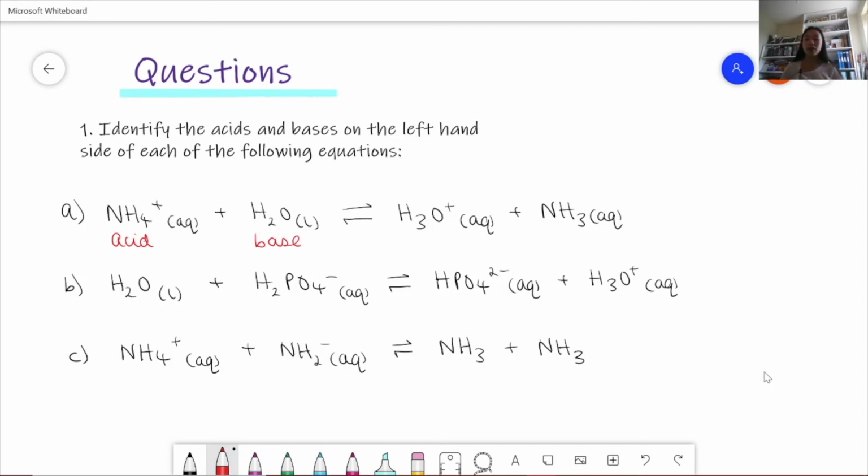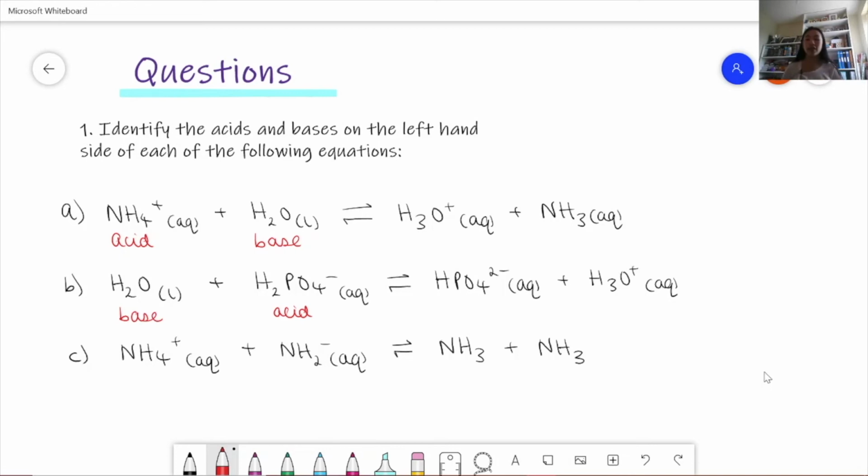And then for B, we have water and this H2PO4 minus ion. And we see that H2PO4 minus is losing a H plus. And so that acts as the acid. And the H plus is going to the water to form the hydroxonium ion. So H2O is acting as the base.